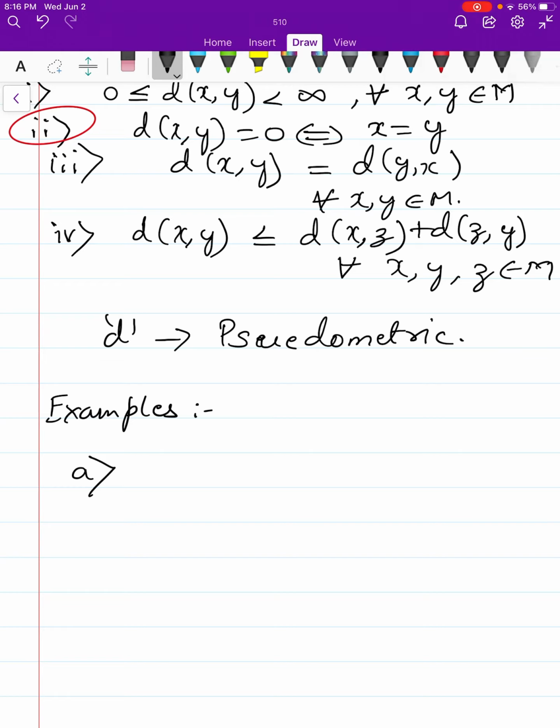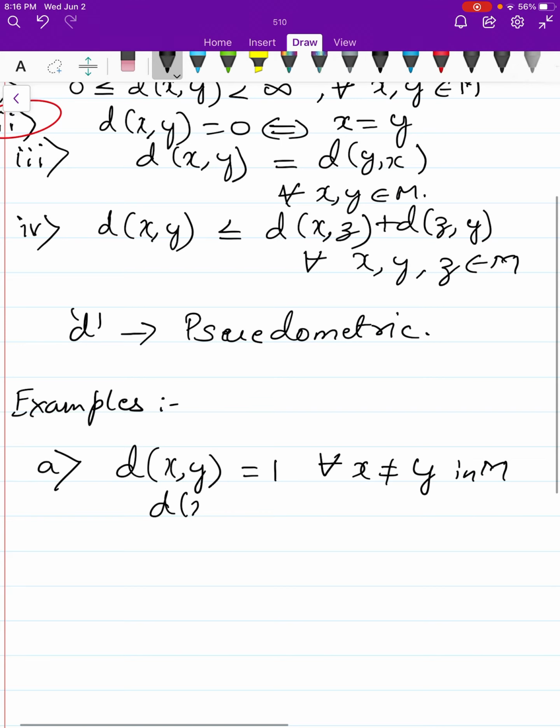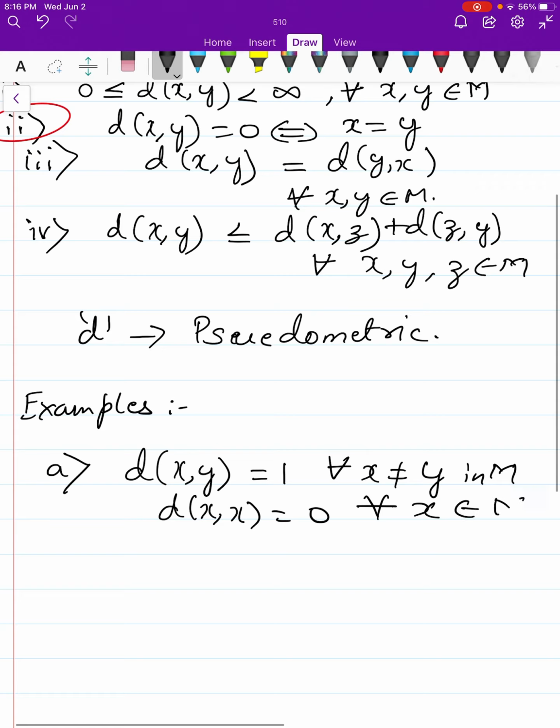For example, the function d of x comma y equal to 1 for any x not equal to y in M, and d of x comma x equal to 0, true for all x belonging to M. This is a very basic, or mundane, metric, and it is always available. This is called the discrete metric.